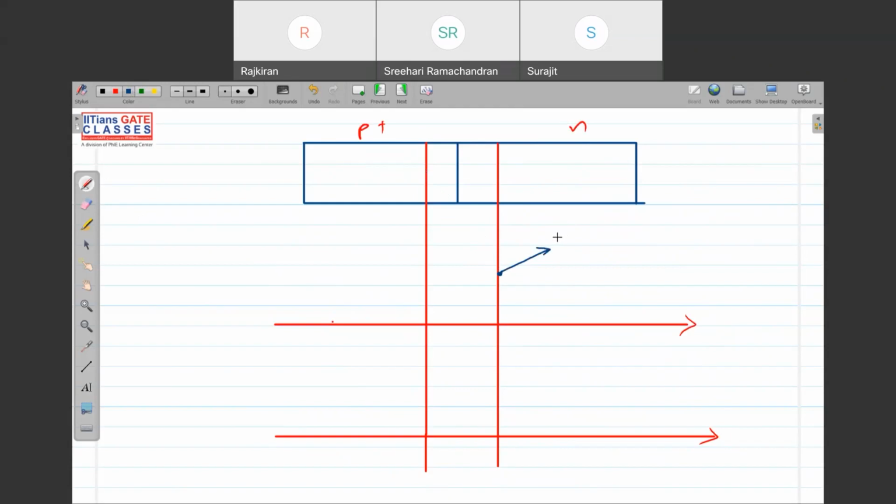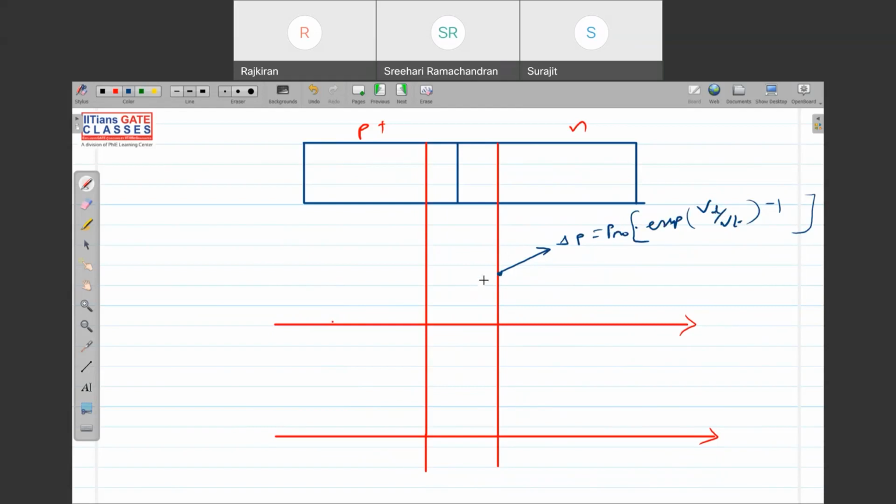If I want to plot only the extra concentration, what is this value? Delta P equal to Pn0 into exponential of Vd by Vt minus 1. Right or not? This I know at the junction.